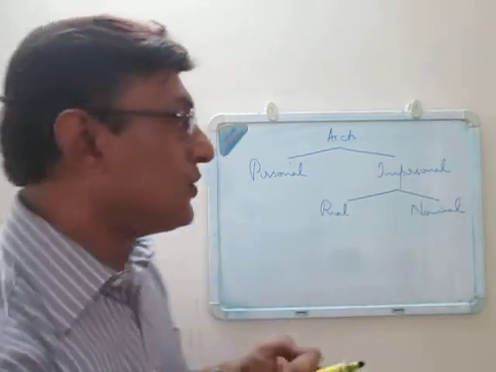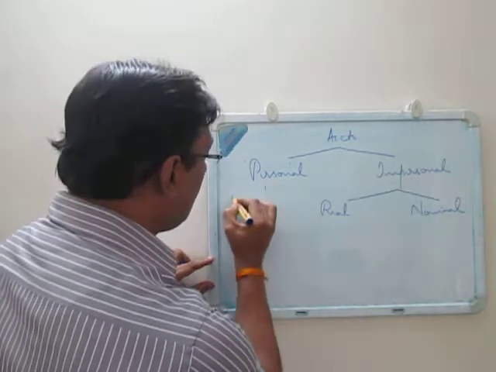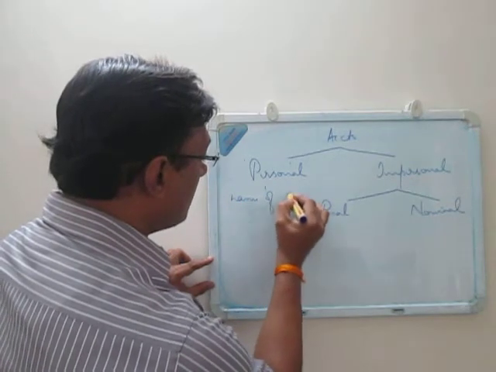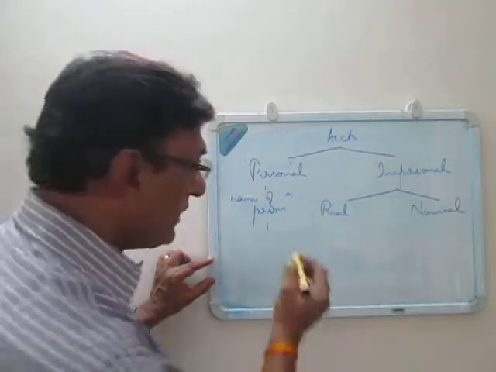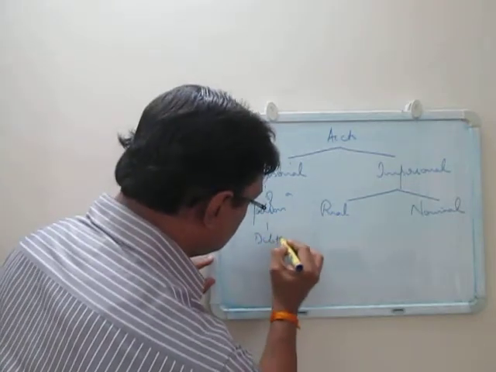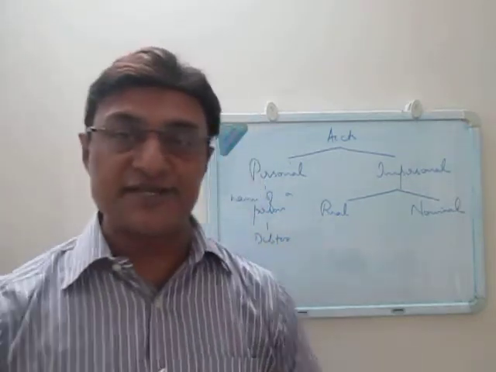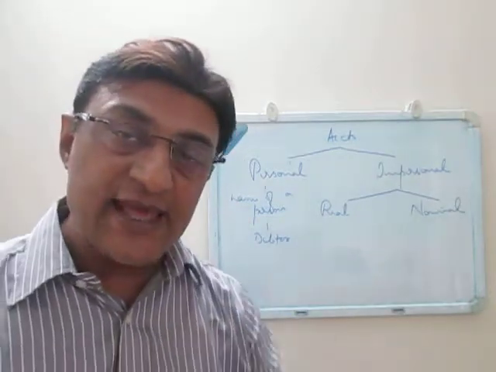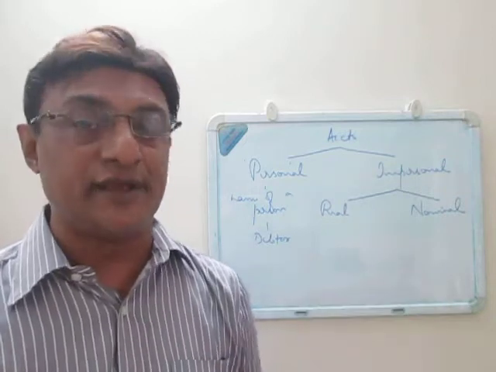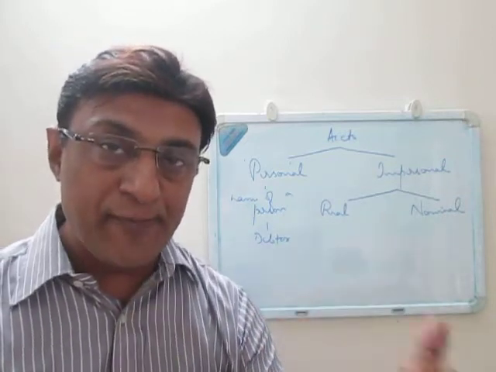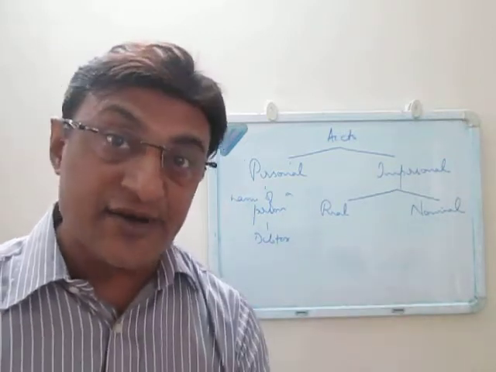A personal account is an account opened in the name of a person. It could be a debtor. When does a debtor arise? When a sale is made on credit, that is, cash is not received immediately. It is promised to be paid by the debtor on a future date.